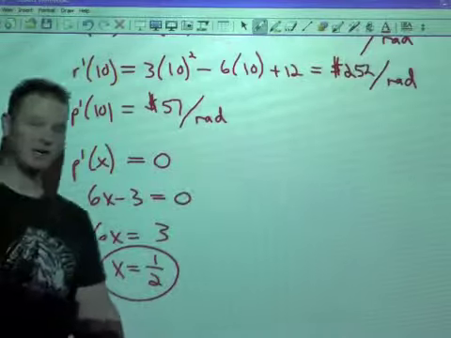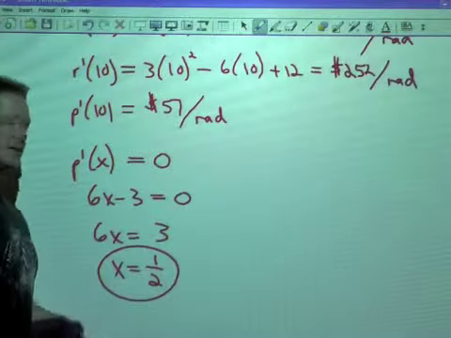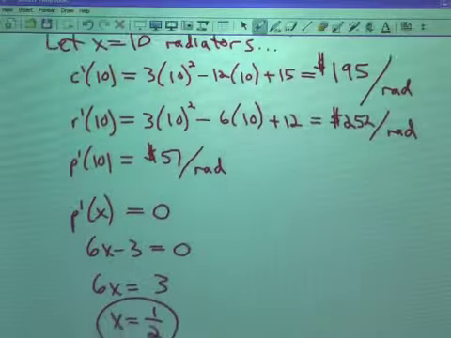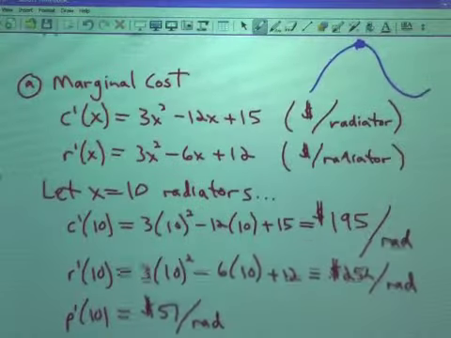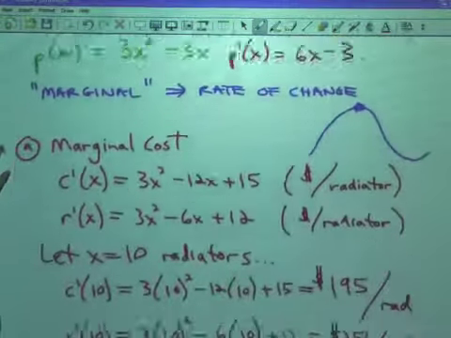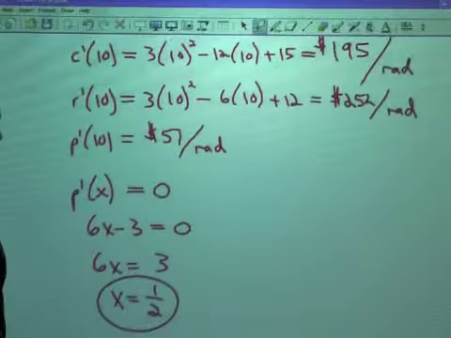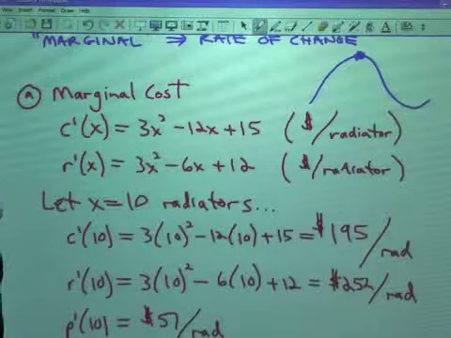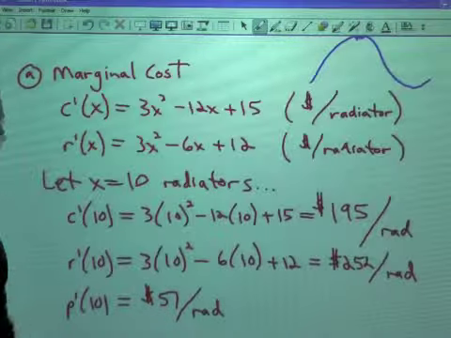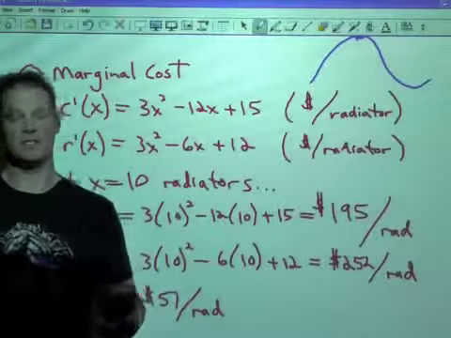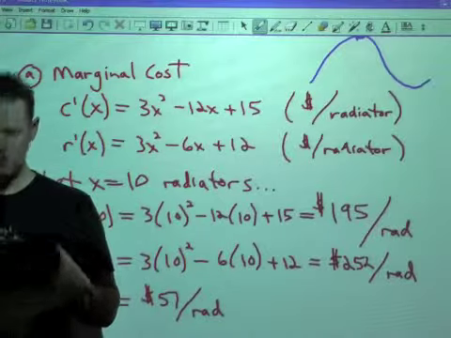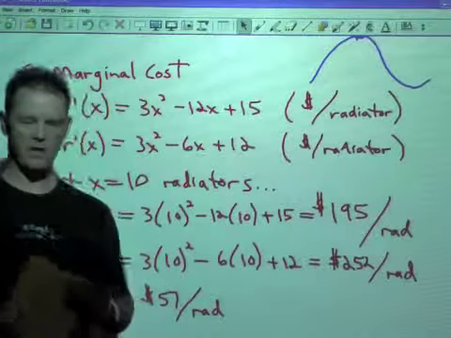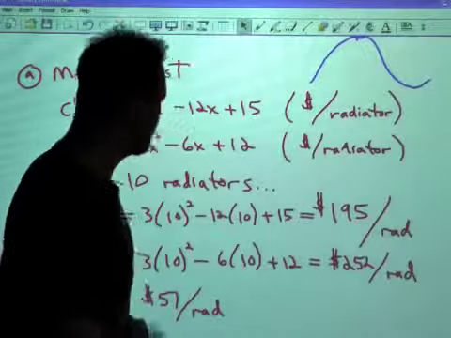Making half a radiator isn't necessarily in the domain of the issue. I can't believe that gives us the maximum profit. And anyway, I just kind of made up that last part of the problem, so it might not actually make sense in terms of the context. But anyway, I guess the point is that's what marginal cost and marginal revenue mean. It's just the derivative. So you have some other problems in the homework to deal with those. Hopefully they'll make more sense than the one I just made up.